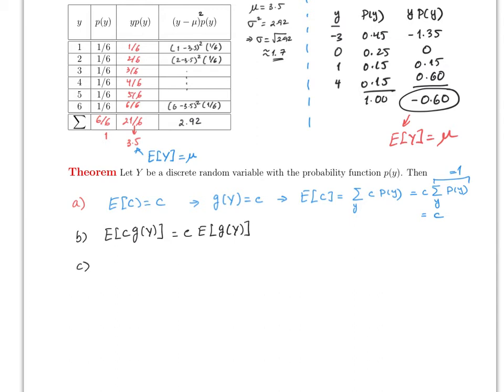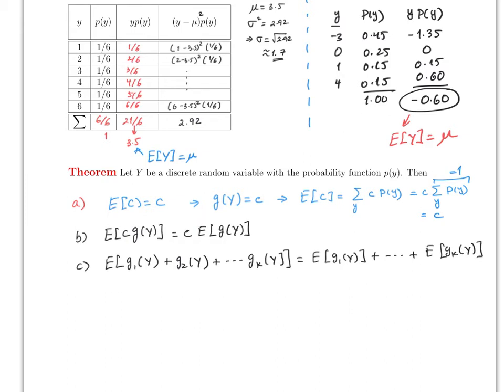And part C says that if you have more than one function, say g1(y) plus g2(y), all of them of the same random variable, then the expected value of the sum is just the sum of the expected values. Good. And again, we're going to use this theorem many times during the class.